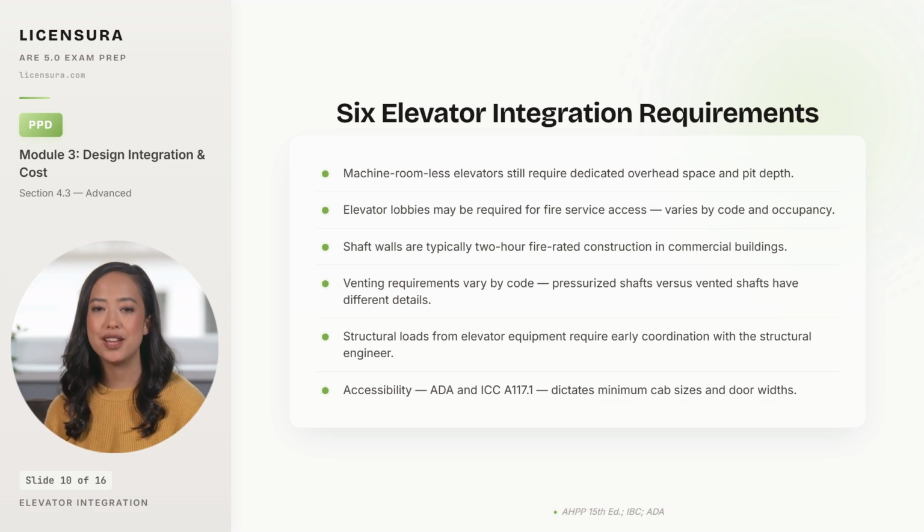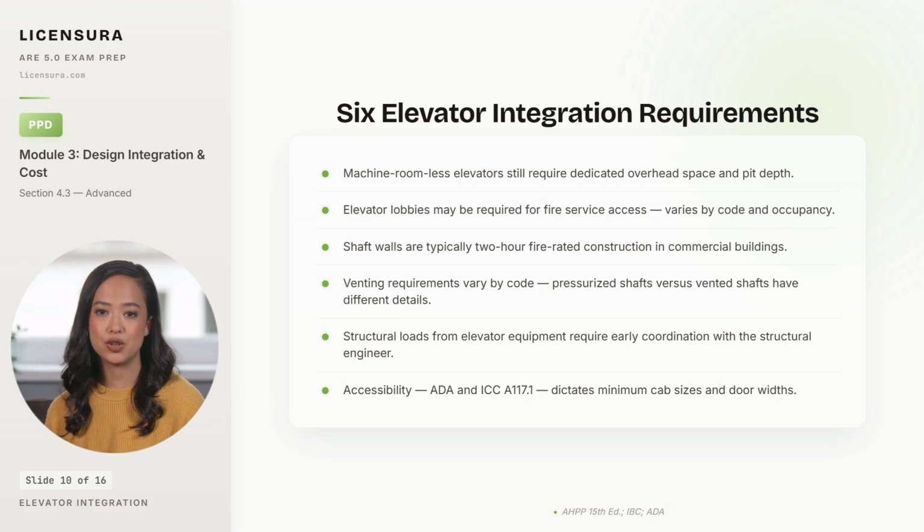Some codes require them for high-rise buildings, hospitals, and certain assembly occupancies. Third, shaft walls are typically 2-hour fire-rated construction in commercial buildings, which means the wall assembly has to be coordinated with the architectural finishes around it. Fourth, venting requirements vary by code. Pressurized shafts require a separate fan system and ductwork, while vented shafts require a relief opening at the top, and the details are not interchangeable.